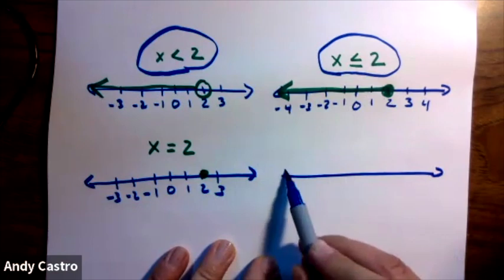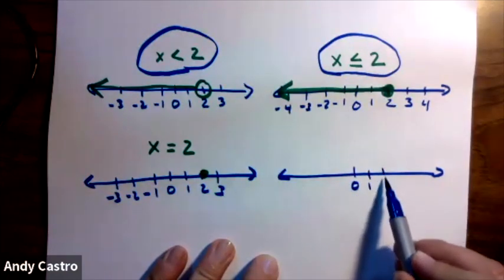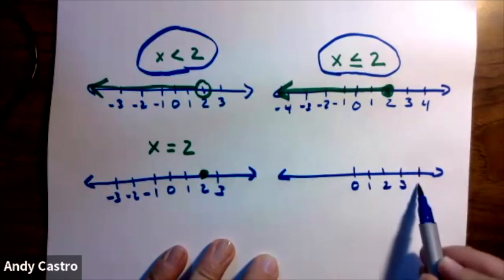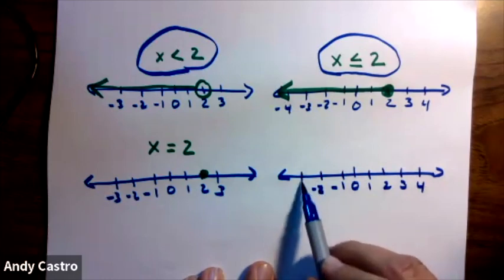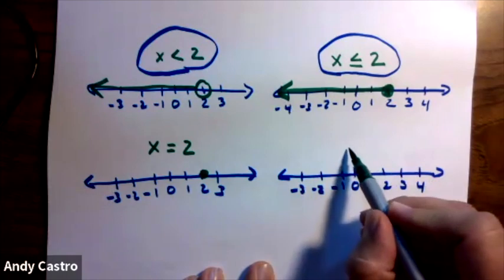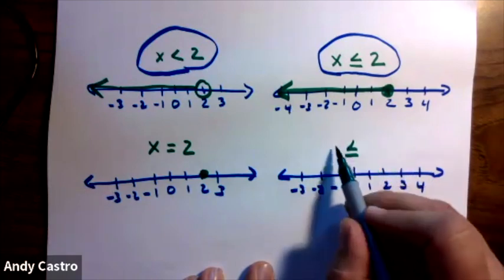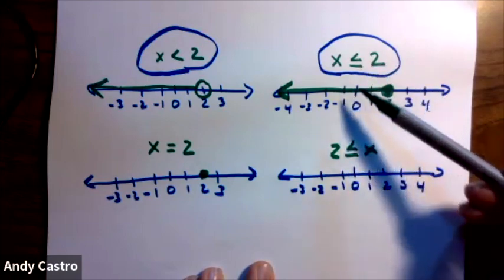Now, always be careful when you're graphing these. It's very easy to confuse yourself. So for example, if I switch the x and the 2, right? The sign is the same.